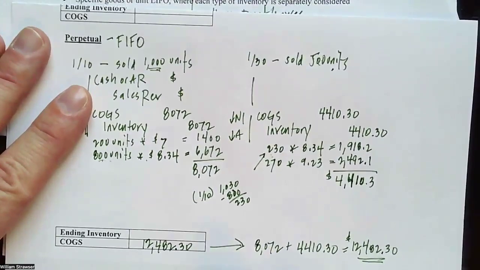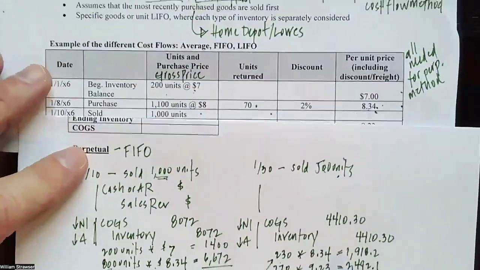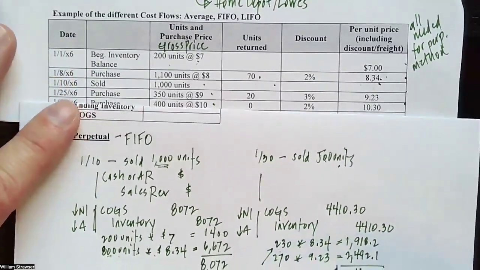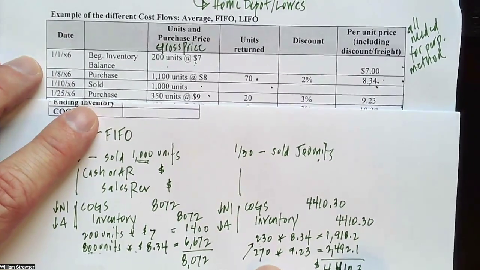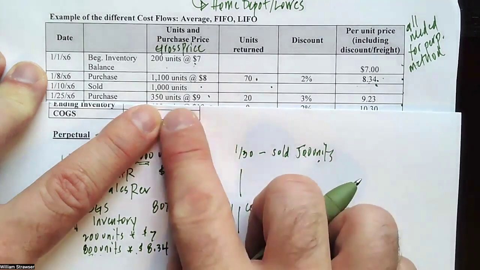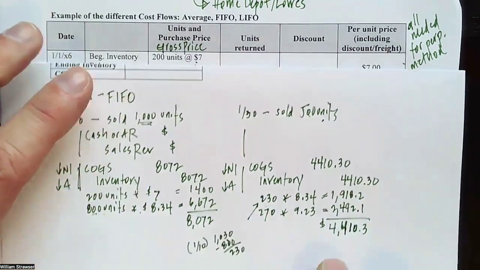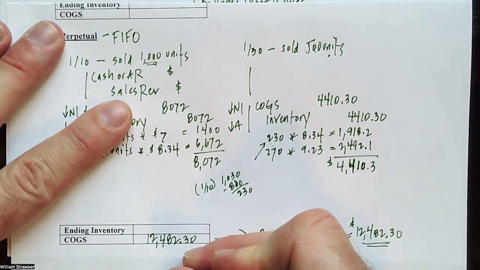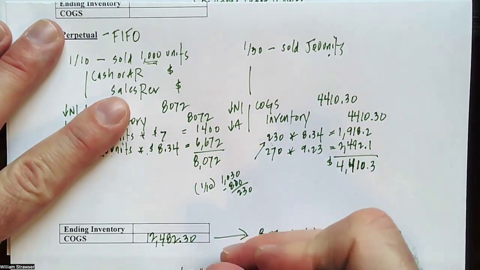For the ending inventory, I could go two ways, and let's just explore those two ways. The first way would be to acknowledge, all right, under FIFO, I sold 270 of these. You got to be a little careful because remember, there were only 330 kept. So if I sold through 270, then there's 60 left there at the price point of $9.23.